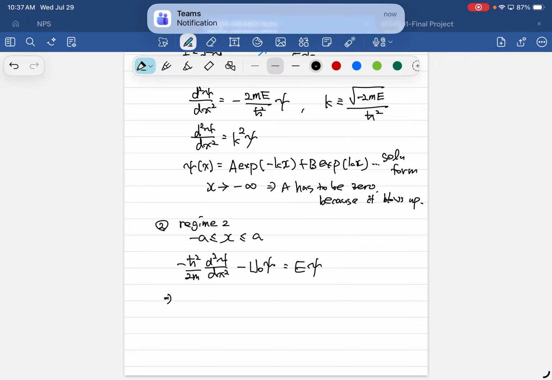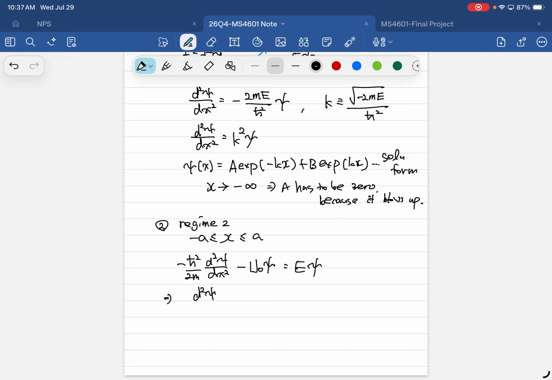And then this one can be rewritten as, let me simplify even more: d square psi over dx square equals, by the way, this u naught is constant, right? It's no longer a variable, so we can actually move it to the right hand side.